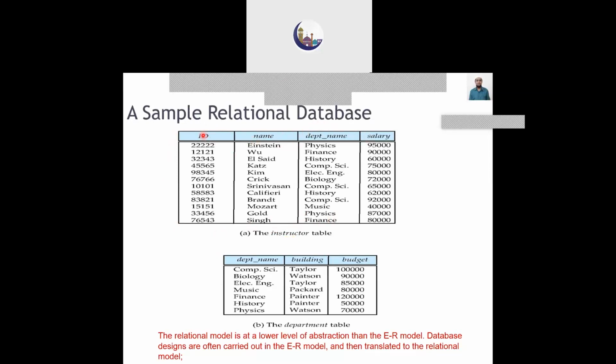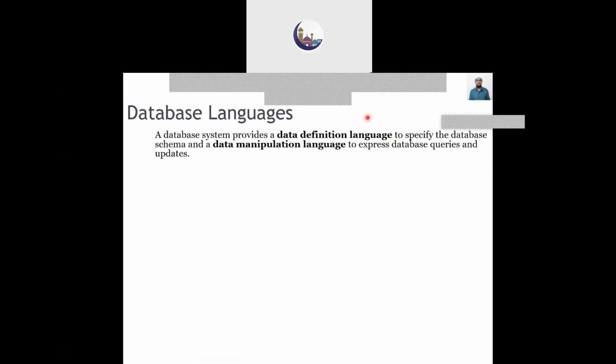The names of the columns are ID, name, department name, and salary. And the data type of ID is numerical, name is character, department name is character, salary is numerical. When I say all these things, I'm actually defining them. So one set of commands in the language will be used for defining the data.